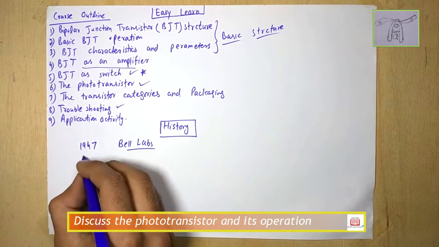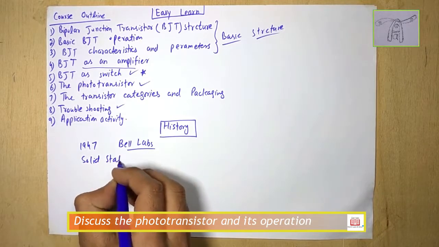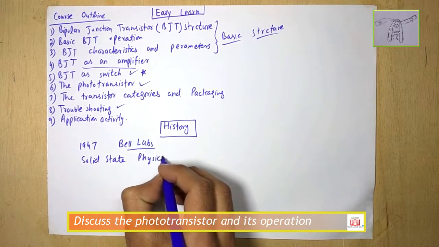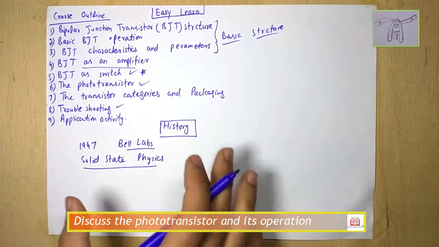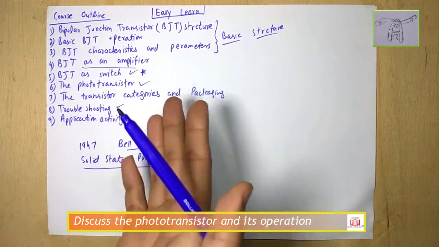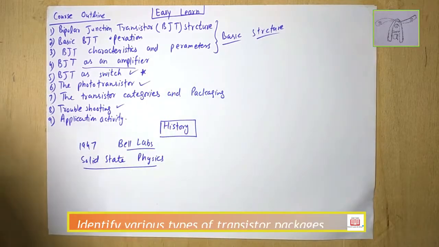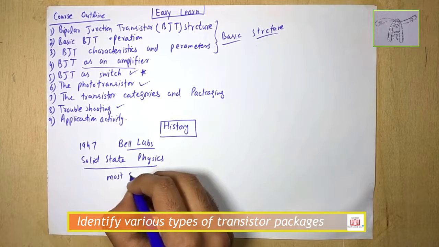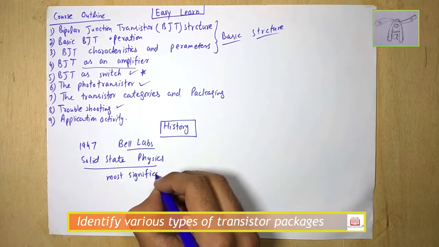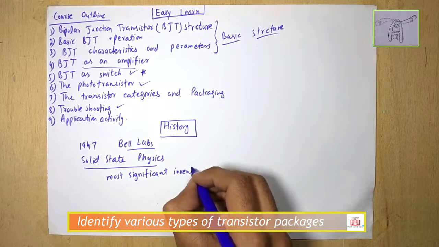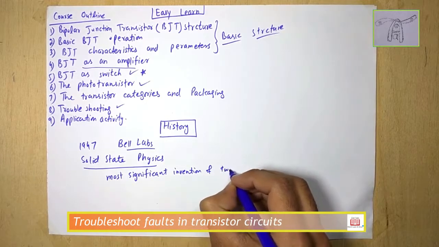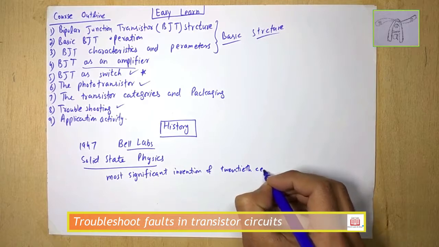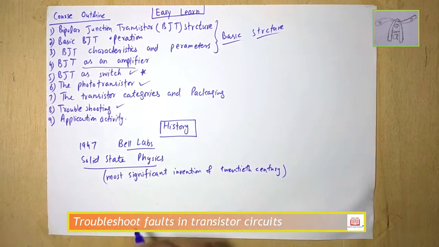Diodes and applications and transistors are solid state physics, and the transistor is often called the most significant invention.